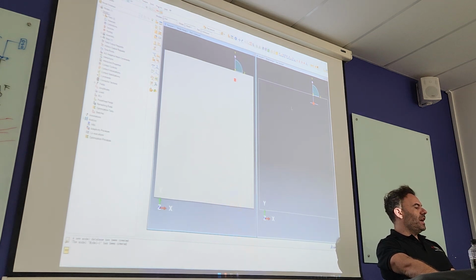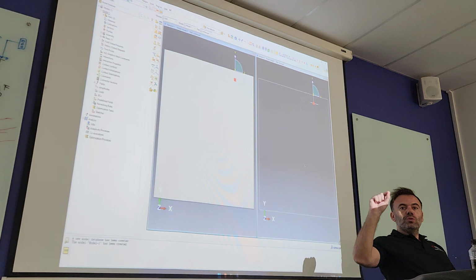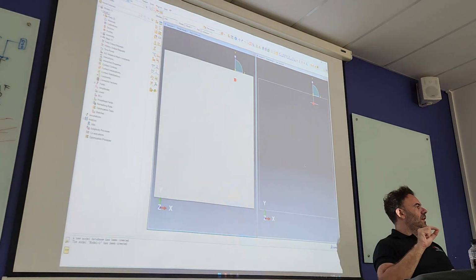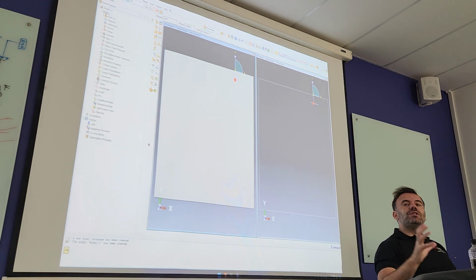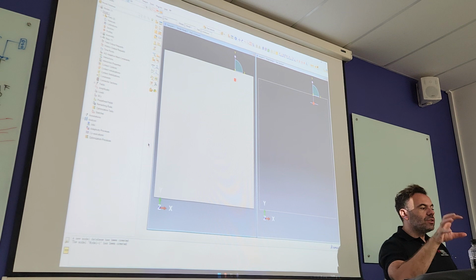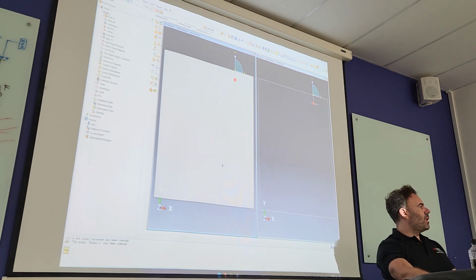If I picked wire and did a square, you will get this. So basically, you will capture the lines that you're sketching. But if I do exactly the same thing, but pick shell, it means I'm capturing material that is enclosed by that square.